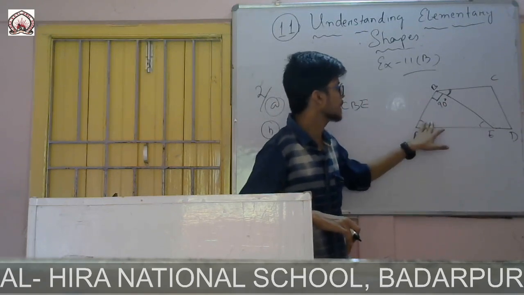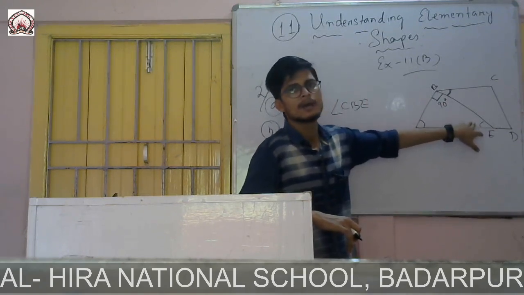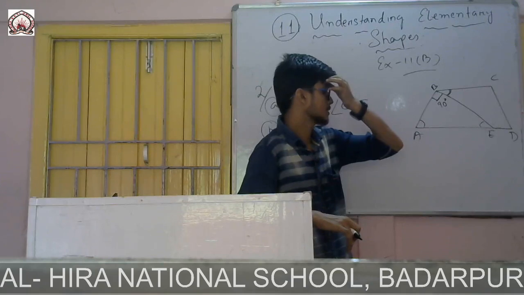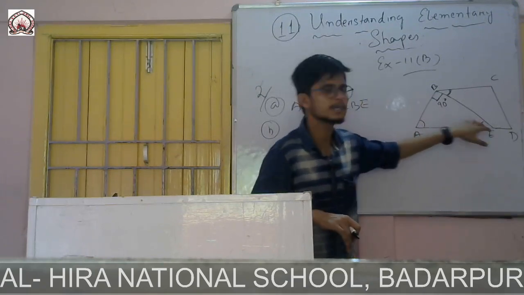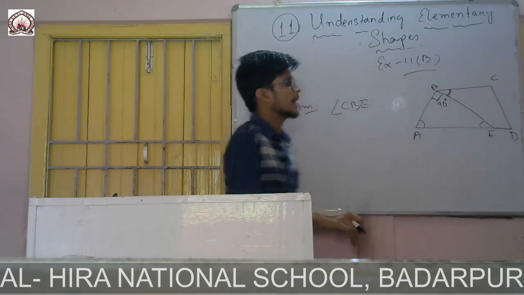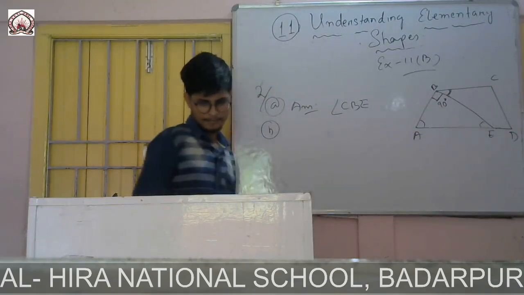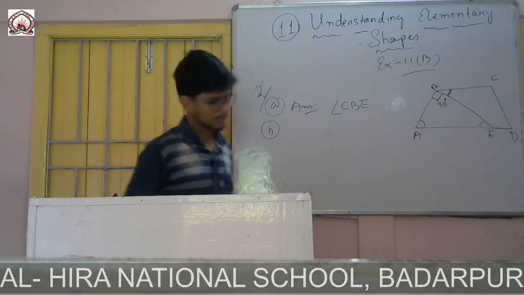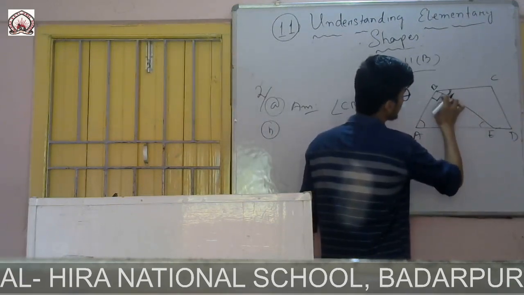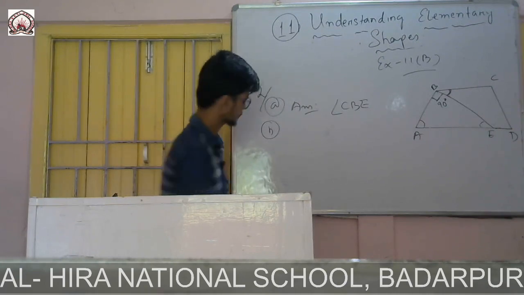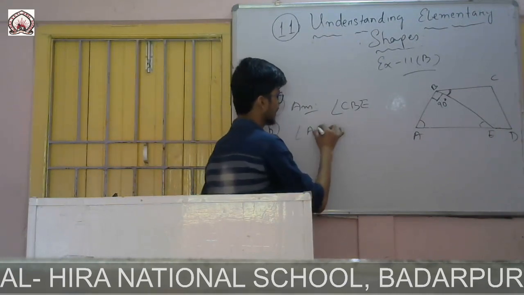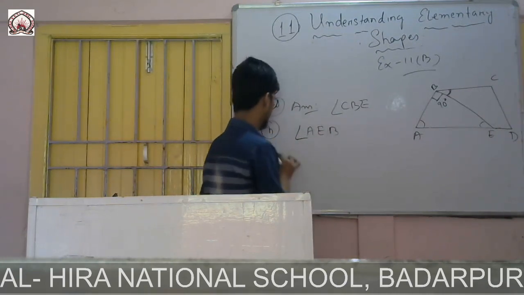If one is 20 degree, then the other will be 70 degree. So both of them are less than 90 degree. The question is to write an acute angle at E, that means angle AEB. So the answer will be angle AEB.